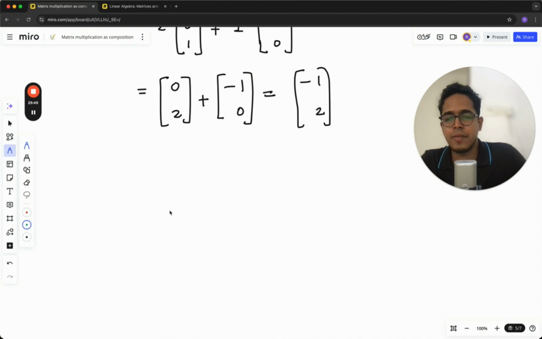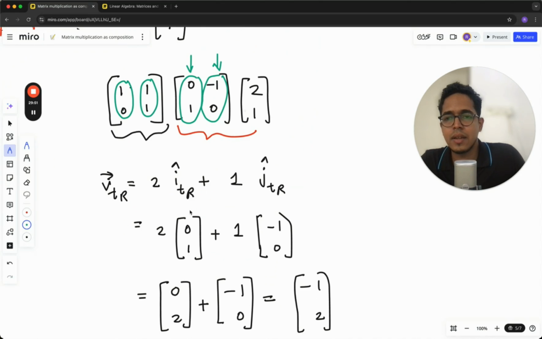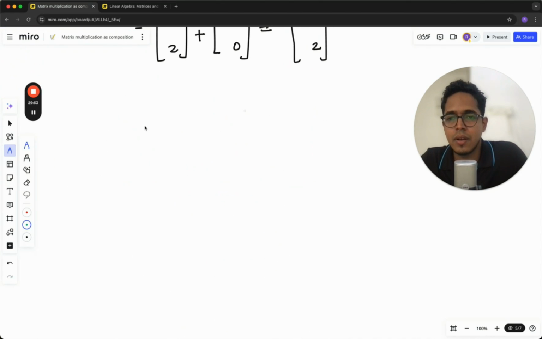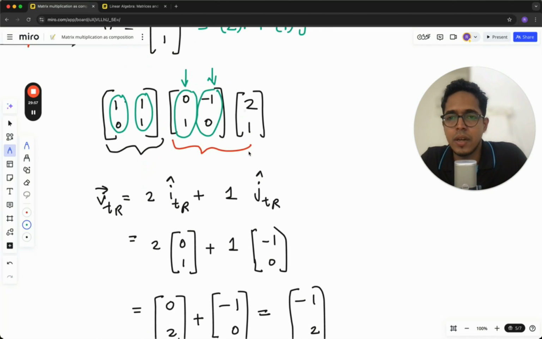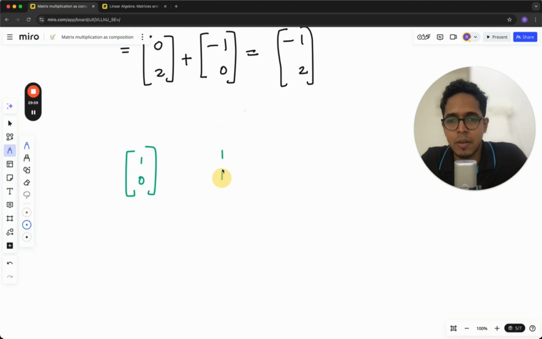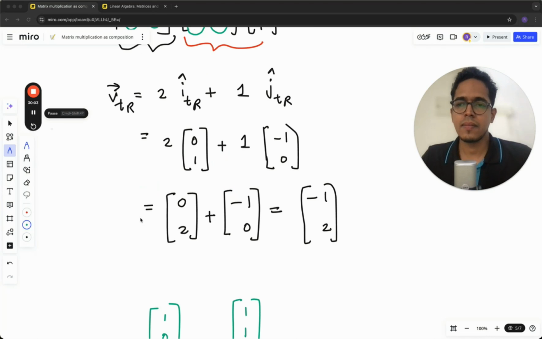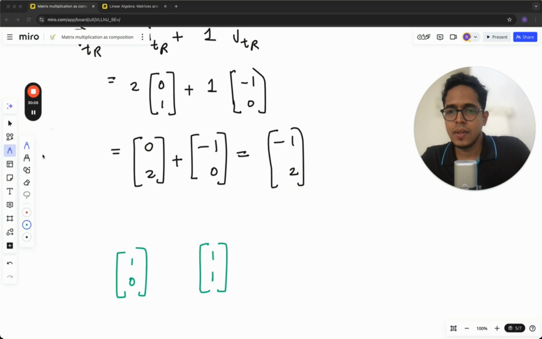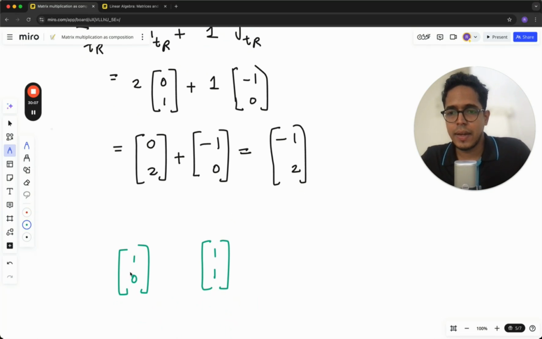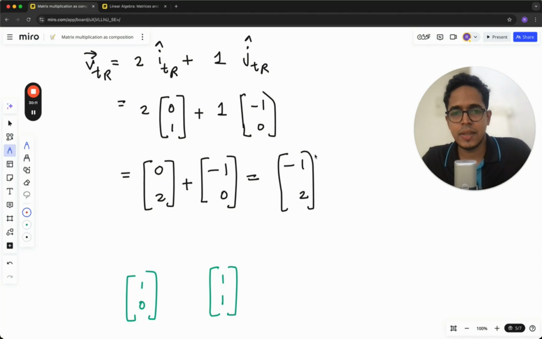So the new unit vector i will be at 1, 0, and the new unit vector j will be at 1, 1. And this is after the result of this transformation.